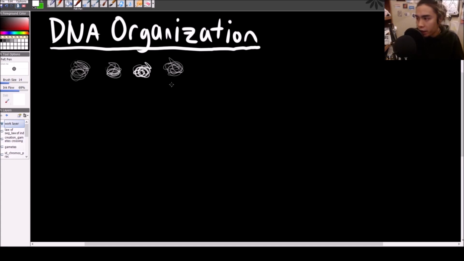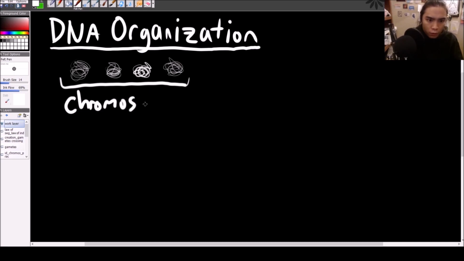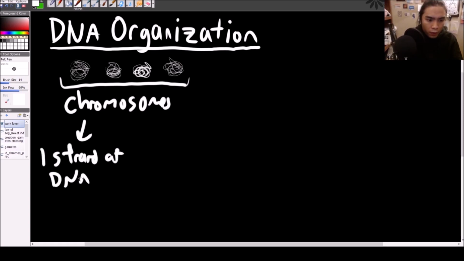It's compacted and organized into structures called chromosomes. A given chromosome is made out of one strand of DNA and a bunch of different proteins. These proteins help facilitate the organization and the folding of the DNA into a compact structure. Now humans have 46 of them.